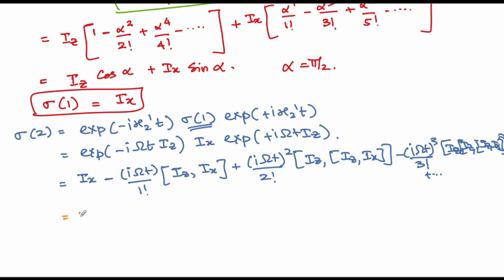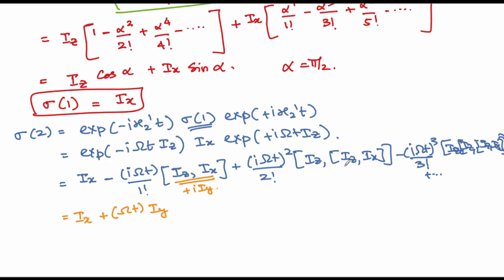So let's calculate this again. Iz comma Ix will be plus i Iy, and i squared will become minus 1, so you're going to get plus omega t by 1 factorial times Iy.